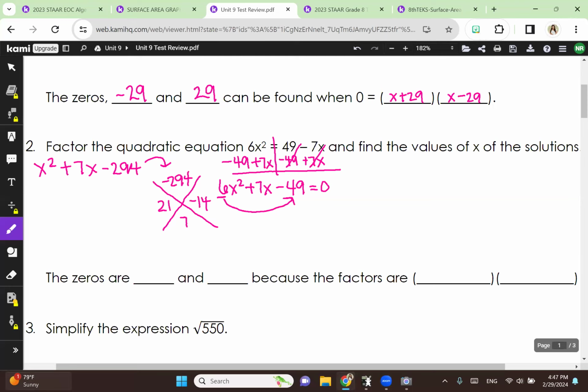All right. So x plus 21, x minus 14. Now, because we did kidnap the number 6, we have to come back and divide. If you type your fraction into your calculator, you're going to notice that it simplifies.